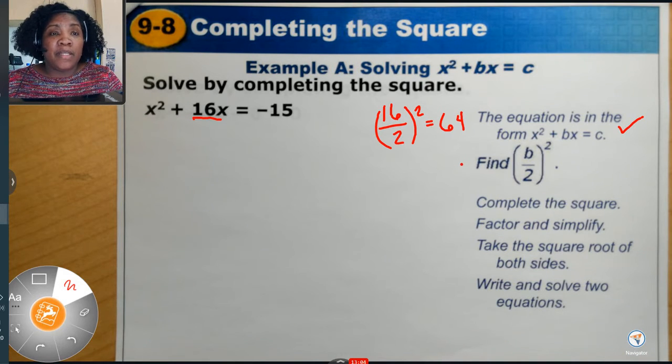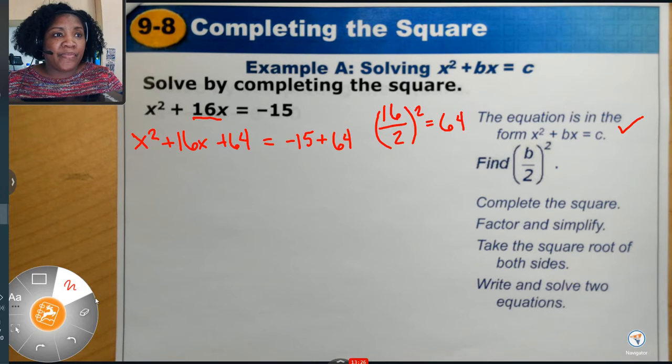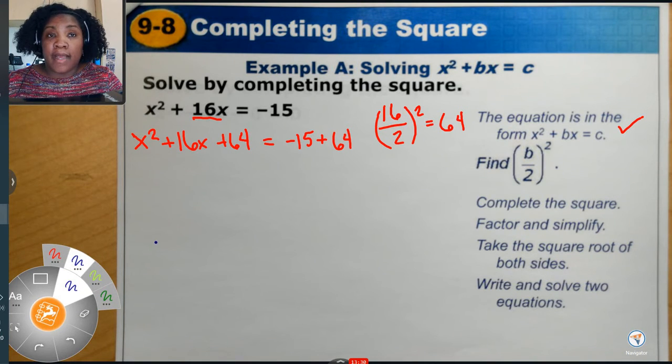So we are going to complete the square by adding 64 to both sides of this equation. So what we have now is x squared plus 16x plus 64. And then we have -15 plus 64. Okay? So now we're going to go ahead and simplify. I'm going to change my color because that contrast is kind of strong.